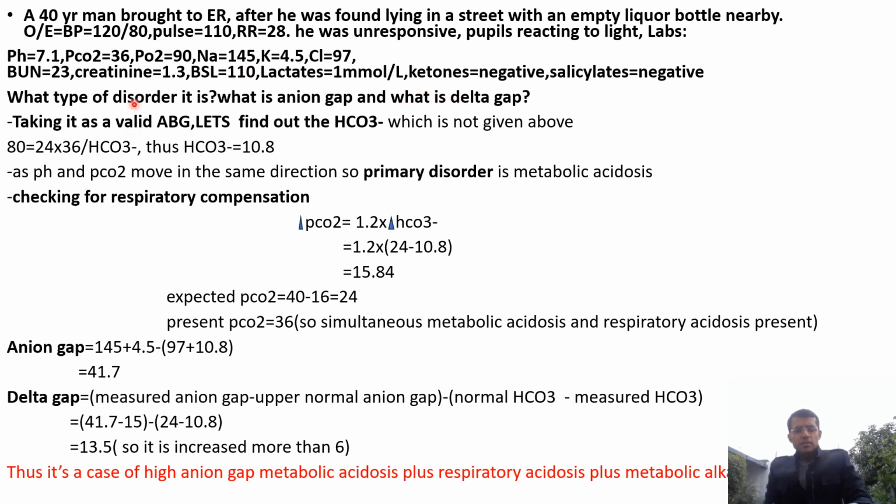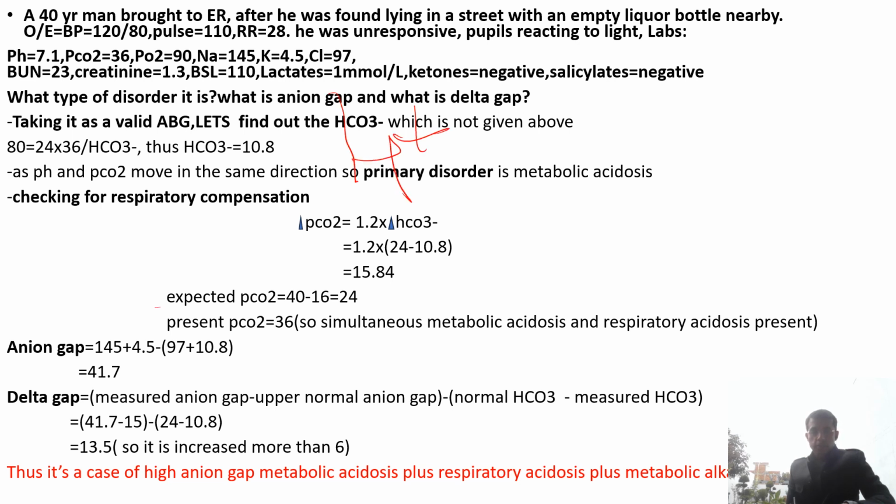So taking it as a valid ABG, we will find out bicarbonate. Okay, let me put the formula. What we had was that hydrogen ion concentration H positive is equal to 24 multiplied by PCO2 divided by HCO3.